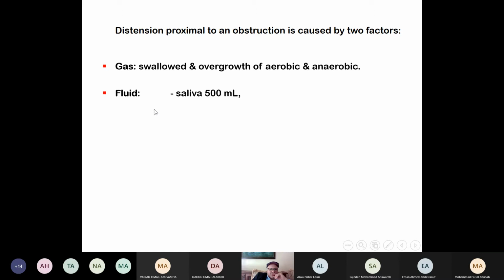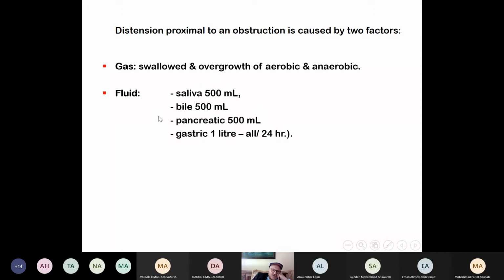Even if the patient is not eating or drinking, still we have a good amount of bowel contents. Saliva, around half a liter, bile around half a liter, pancreatic secretions around half a liter, gastric contents around a liter.